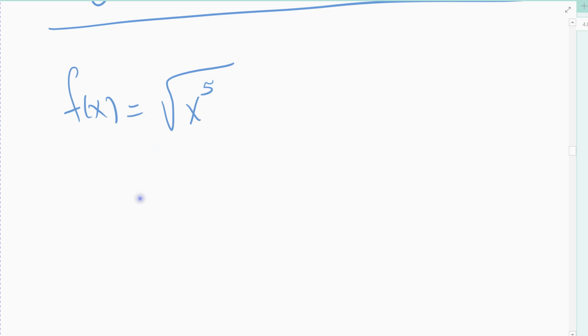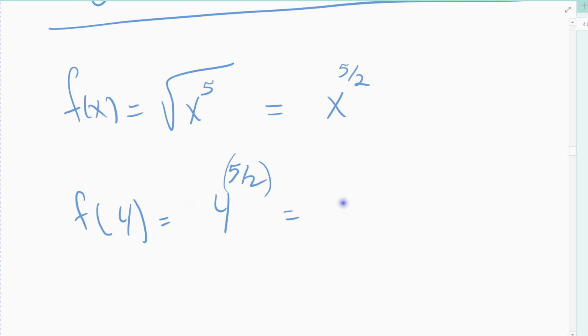All right, f of x is the square root of x to the 5th, which if I wanted to rewrite that, that's x to the 5/2. Again, this is probably how we graph it. x to the 5/2 is a power function. And so if I wanted to solve f of 4, it would be 4 raised to the 5/2. And again, you can type it in your calculator or do it by hand.